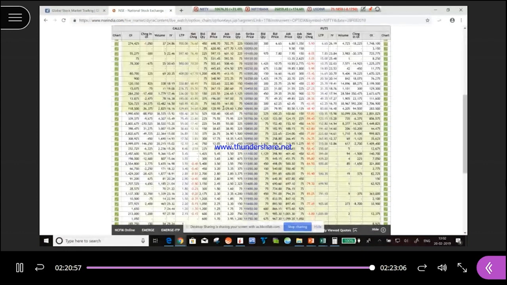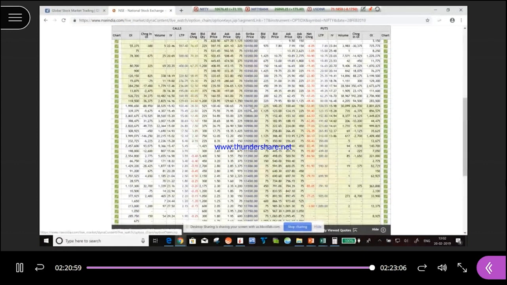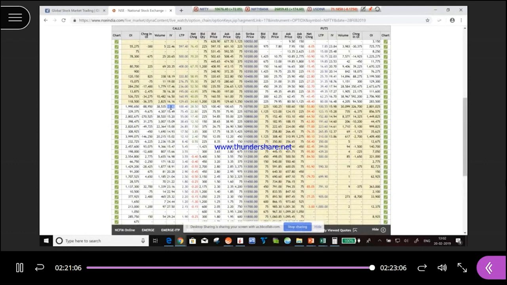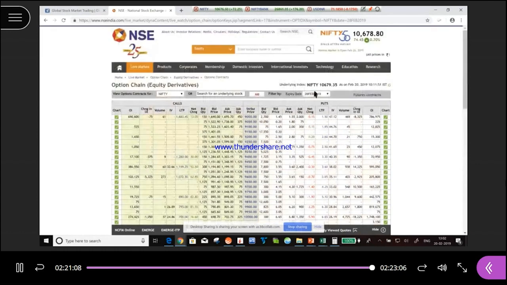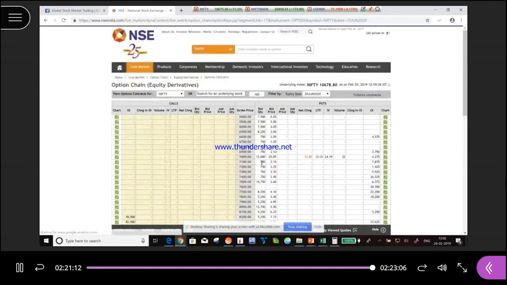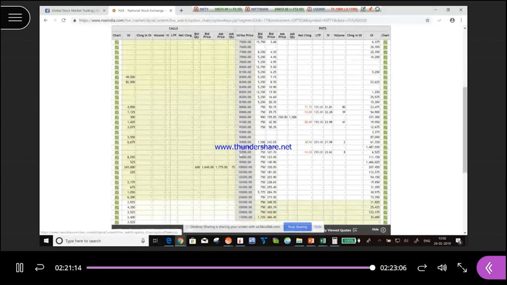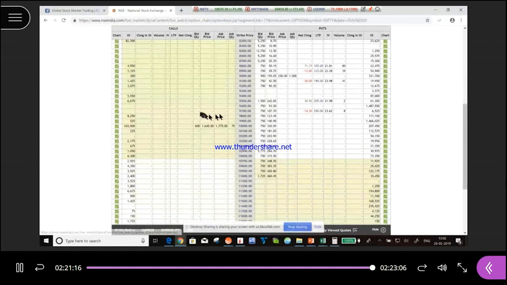Now, if you see here 10,700, these are traded, right? That's why you have a value of 15.92 as implied volatility. But if you go to this, now here 9,700 is not traded. Nobody is bidding or asking for that. So no trade, no implied volatility.